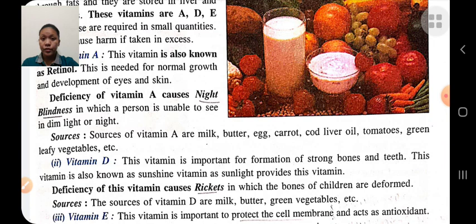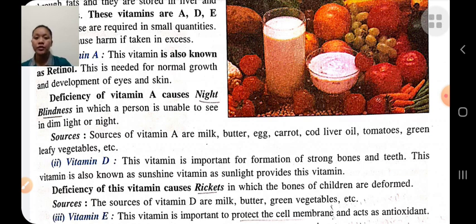If there is a deficiency of vitamin A in our body, it causes night blindness, in which the person is unable to see in dim light or at night.